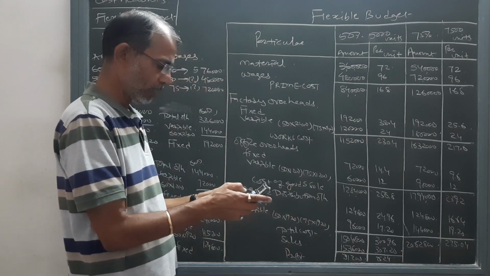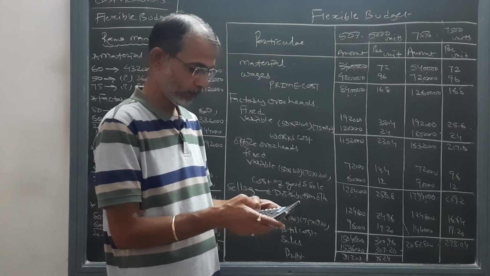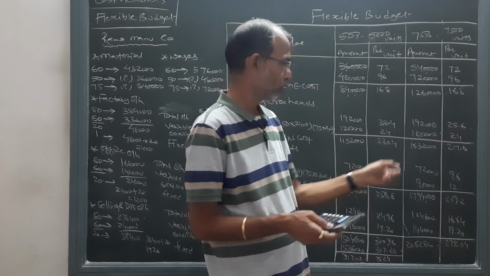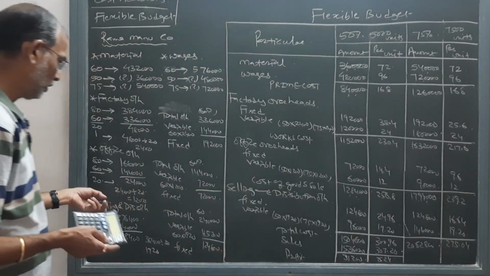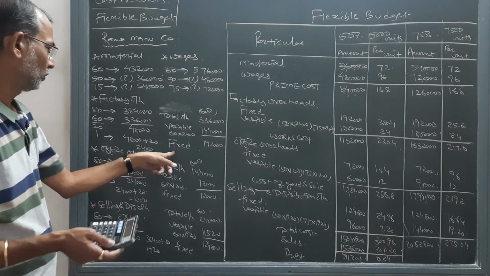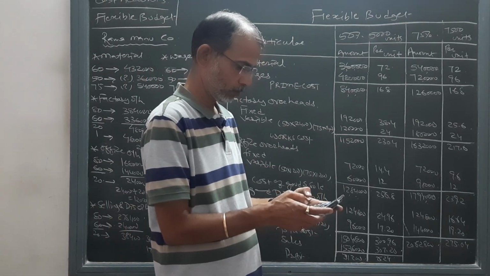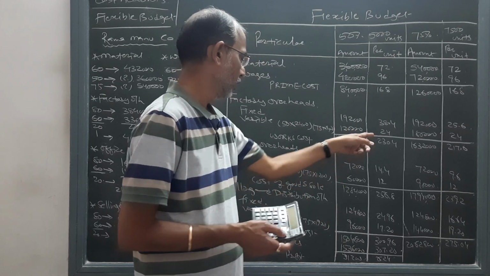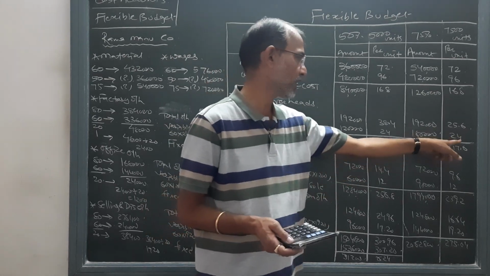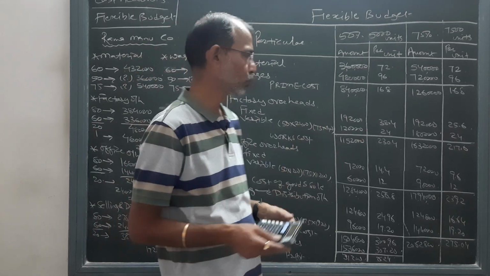Now 192 divided by 5000, 38.4, and 192 divided by 7500 will give us 25.6. And fixed are 192, while variable 50 into 2400, 120 divided by 5000 gave us 24. Here the same amount will be kept into 7500, gave us 1,80,000.